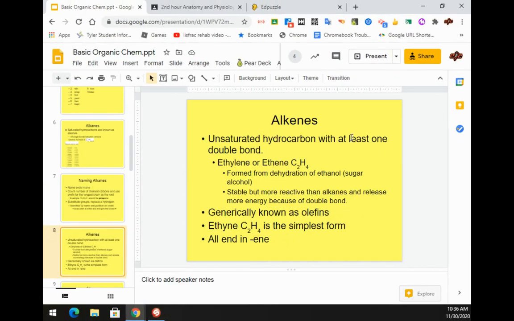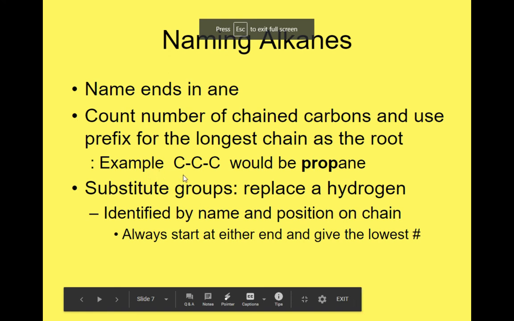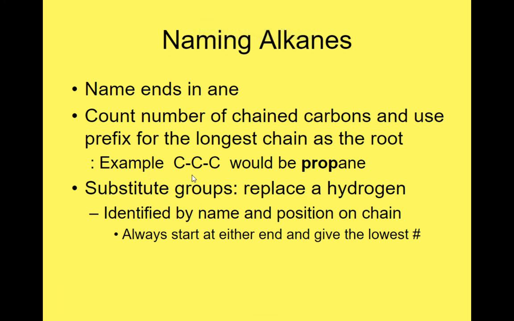All right, so now let's pretend that we are going to replace one of the hydrogens with something else. In this case, that something else is going to be a carbon. It could be an oxygen, it could be a chlorine or an iodine or fluorine.